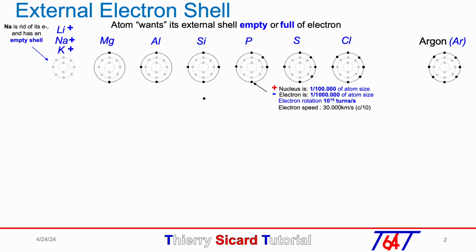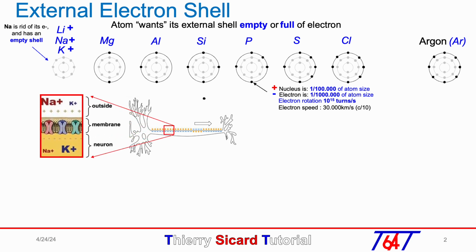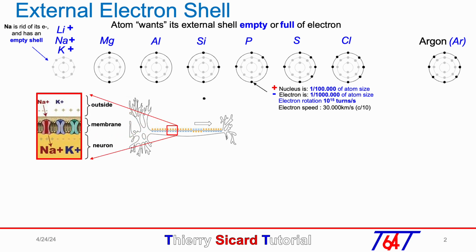Ions are very useful, as lithium plus in the battery, but also K plus and Na plus in our brain. In our neuron, the membrane has some ionic channels to exchange sodium or potassium ions to modify the polarity across the membrane.